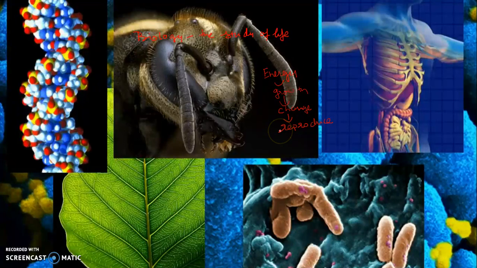So we are going to use the energy for growth, change, and reproduction. It's a really fascinating question: how do we do these things? We are going to study all these things in biology class.